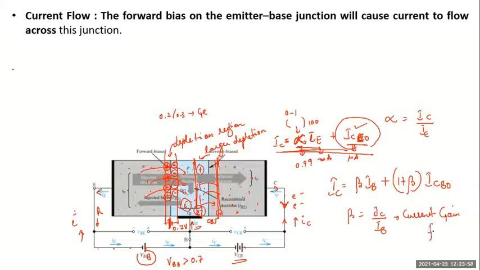Remember, all these are important equations which we are going to use again and again. So this value beta will be very large, but alpha is always nearing 1, less than or equal to 1, 0.98, 0.99, and so on. Whereas beta is much, much greater than 1. It will be 50, 100, 200, something like that.